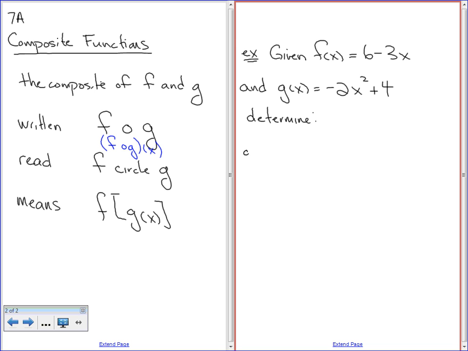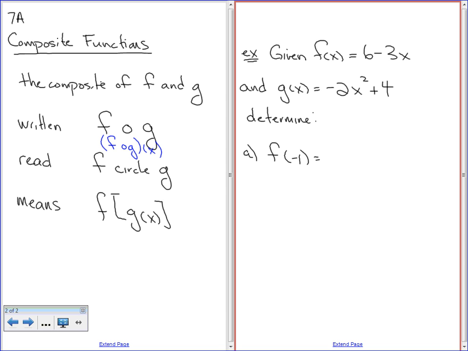Again, we've done a lot of this, but can somebody explain to me what that means and how do I get to the answer? Okay, so again, I'm using the f function.